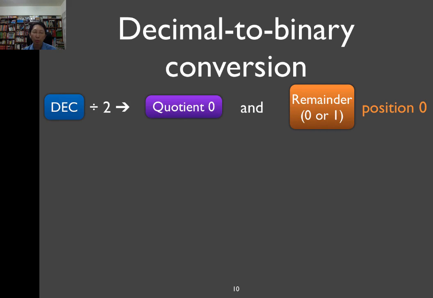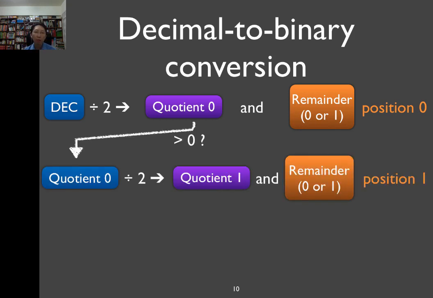Then how do we do the reverse conversion? That is decimal to binary conversion. We will do the successive division. 我们会做连续的除法。Take the decimal integer and we divide it by 2. And the remainder is the first bit we get.